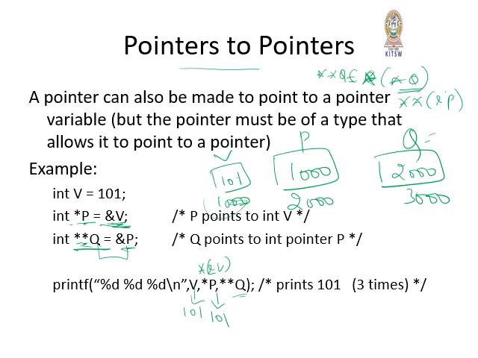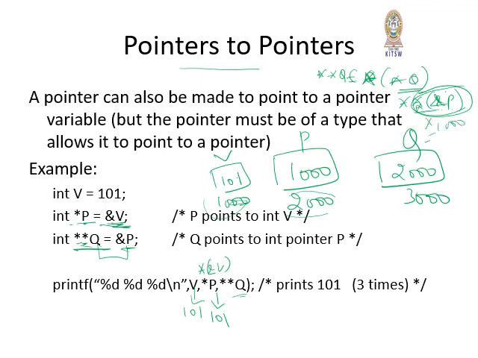So star of address of p means go to p at its address location and find out the value. The value is 1000. So the answer for this inner block, star of ampersand p, is 1000.